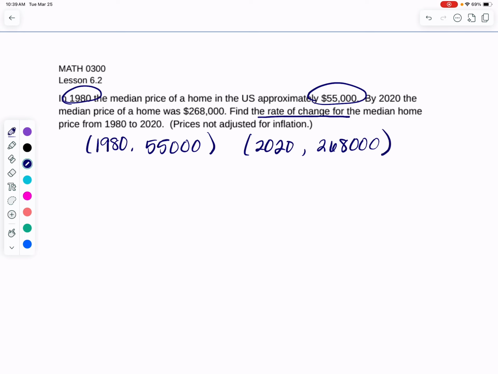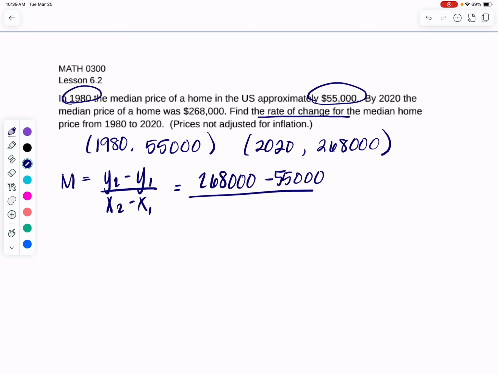And we're going to figure out the rate of change for the median home price. Still going to use my slope formula. y2 minus y1 over x2 minus x1.